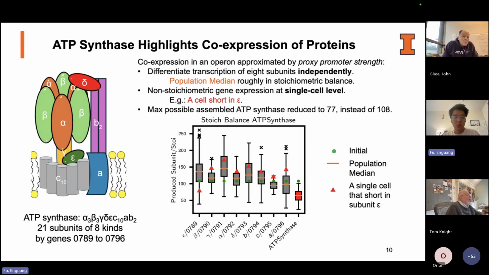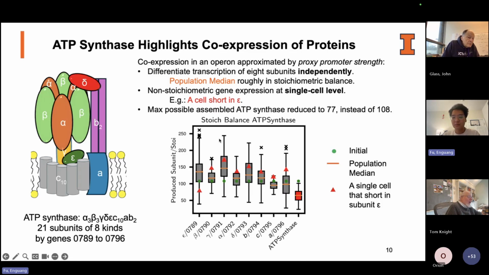One last point we want to highlight here is the co-expression of proteins, especially for the most complicated membrane complex, ATP synthase, comprising 21 subunits of 8 unique kinds, encoded by genes from 0789 to 0796.